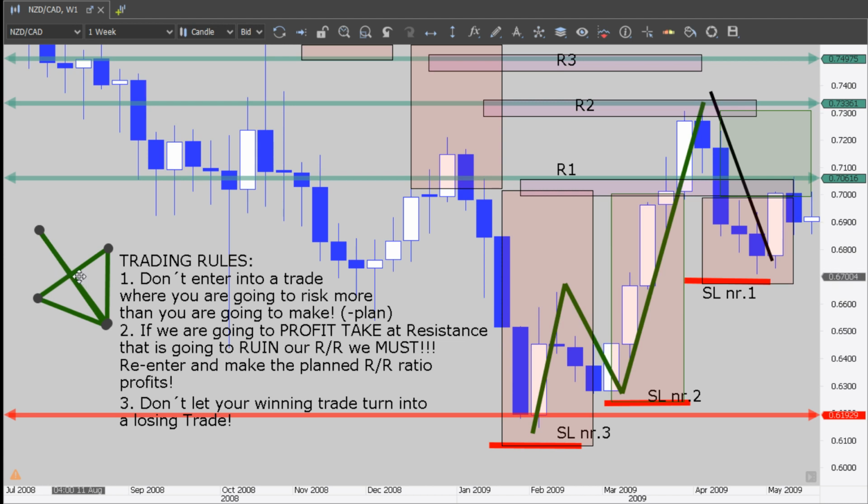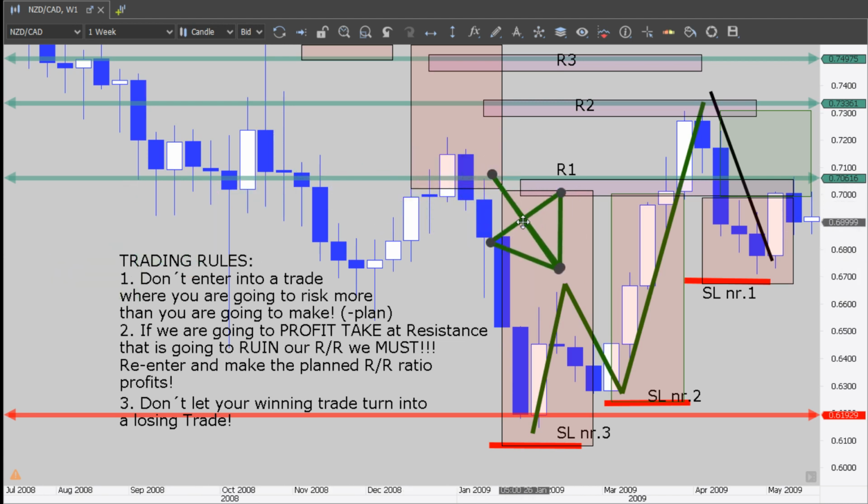And this is why traders that work in a hedge fund or investment bank or a proprietary trading firm get better results than we do as retail traders. Why is that?